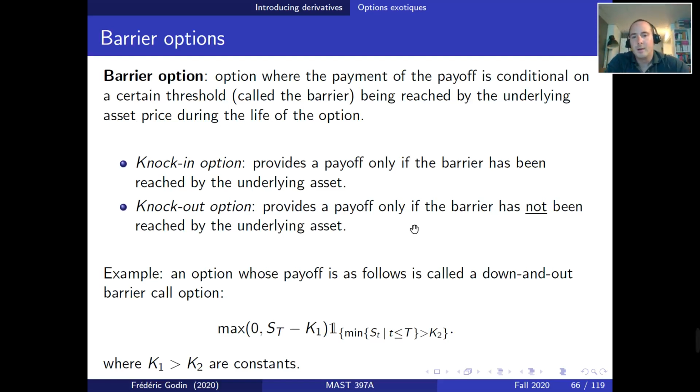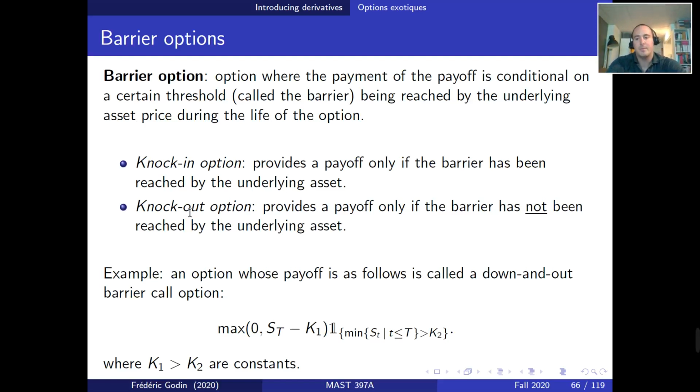Conversely, a knockout option is the opposite. It's an option which promises a payoff, but if the underlying asset value reaches some threshold, then the payoff is canceled. So the payoff is provided only if that threshold is never reached by the underlying asset throughout the life of the option.